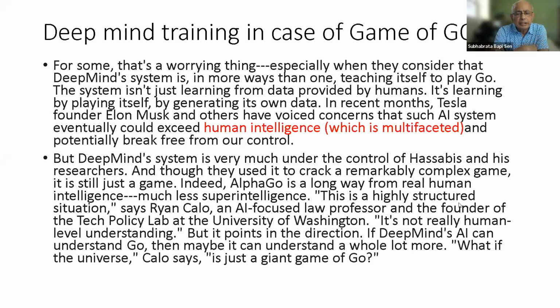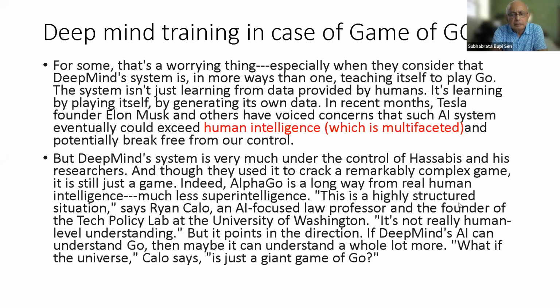DeepMind training in the case of the game of Go is, for some, a worrying thing, especially when they consider the DeepMind system teaching itself to play. The system isn't just learning from the data provided by humans.